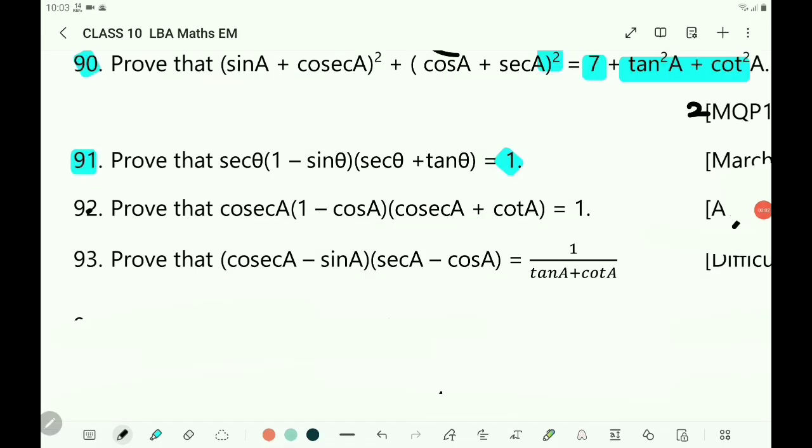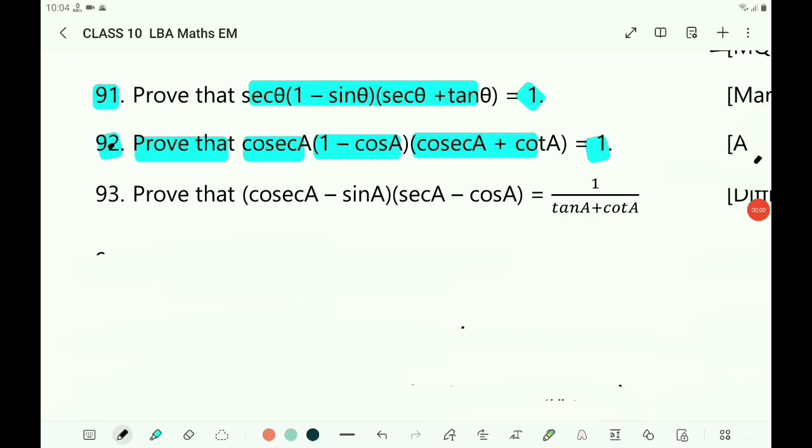Question number 92. Prove that cosec A into 1 minus cos A into cosec A plus cot A is equal to 1. Same type of question. 91 and 92 are the same type of questions. Write the LHS.